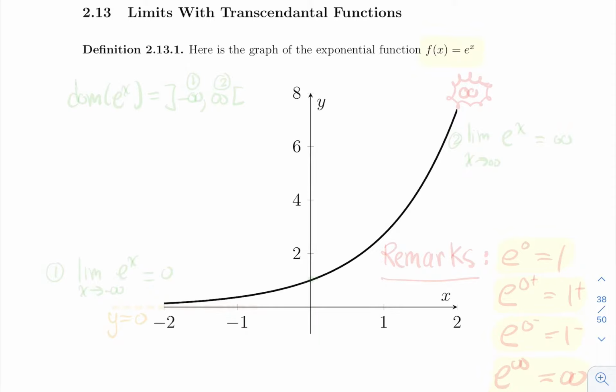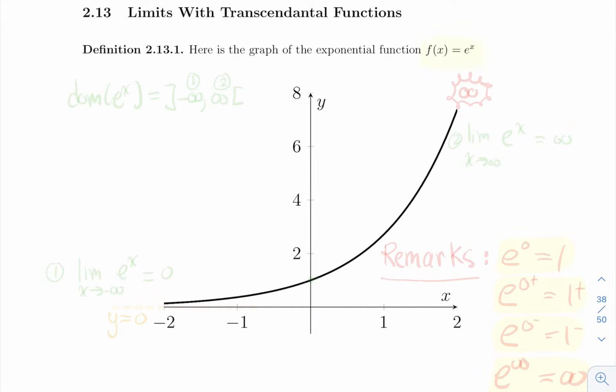So the first thing I'm going to do is review the basic graphs of these advanced functions. To compute any limit in this chapter, and even in a Calculus 1 course, you only need to remember the basic graph of the exponential function, the basic graph of the logarithmic function, both base e, and the basic graph of the sine function and the cosine function.